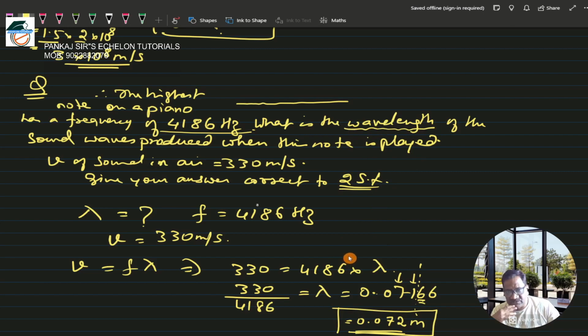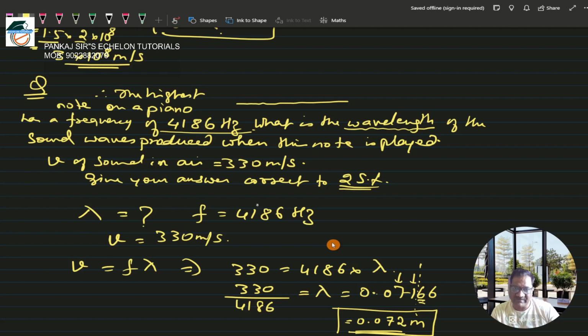Okay, so with this, some of the numericals I have already solved in today's video. In the next session I will definitely start with the different types of waves. There I will be discussing the various classifications of waves, whether a wave is transverse or longitudinal, and what are the properties, the similarities and differences between these two types of waves.